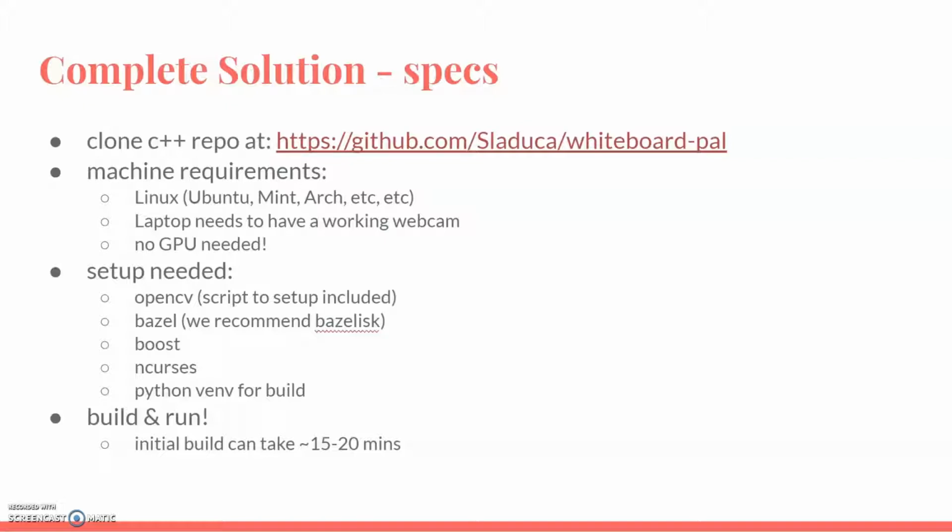And for setup, there are a number of libraries that need to be installed first, and we have included scripts and commands to set them up, for example, for OpenCV. Afterwards, all that needs to be done is to build the repo and run the code. Keep in mind though that the initial build can take about 15 to 20 minutes, so make sure you have enough time for the initial setup.